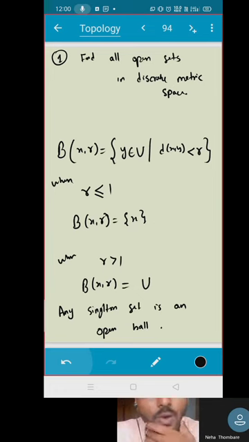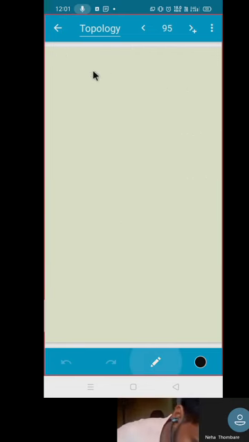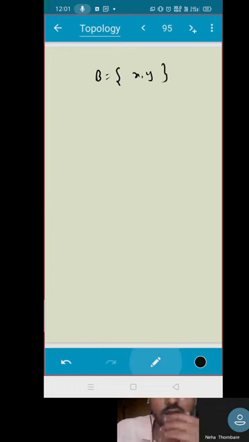So what can you say? What are the open sets in a discrete metric space? What happens if I take 2 points in a set U? It contains x and y, where x and y both are in that set U. What is the question?